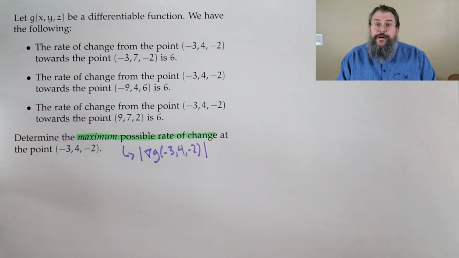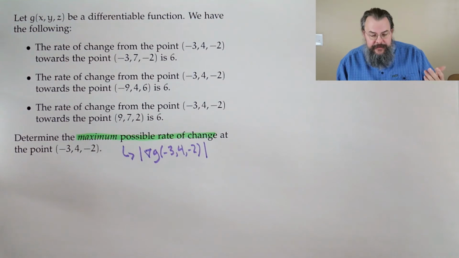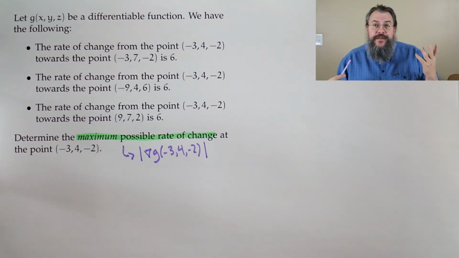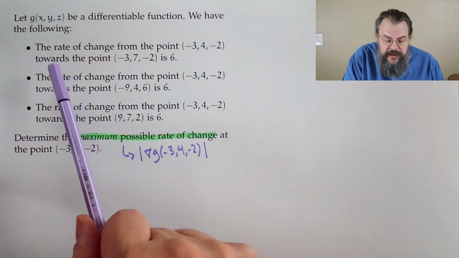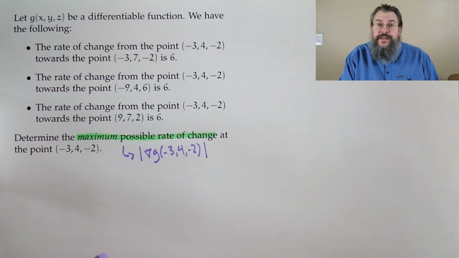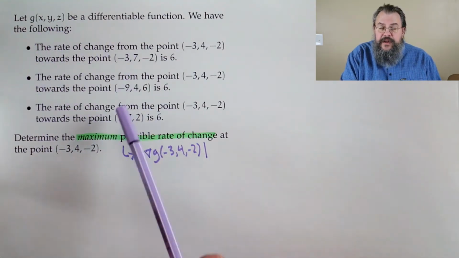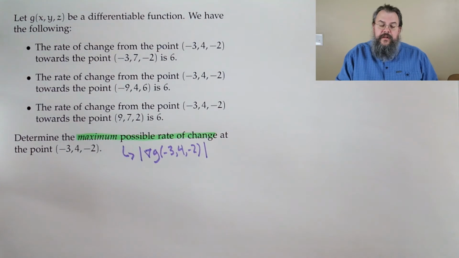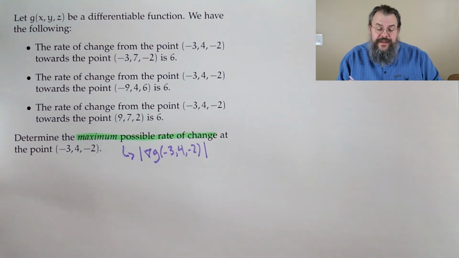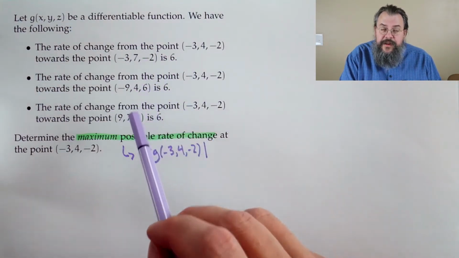Okay. Well, it's good to know what we're looking for, but now we have to think about how do we find it. Well, we know we're after the gradient, but there's also some other stuff. You see, there's a rate of change, and towards means a direction. So there's directional derivatives being given here, and directional derivatives also relate to the gradient. So we're given 3 pieces of information about the gradient.